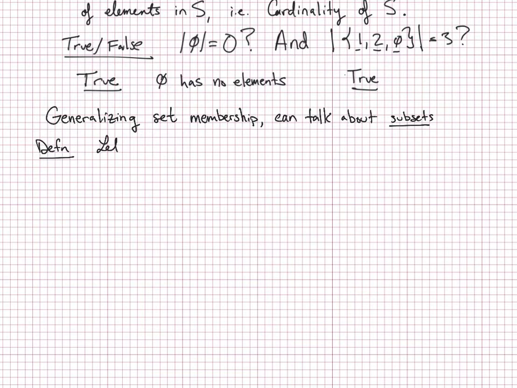Okay, so what is this? Let A and B be, at this point, just arbitrary sets.